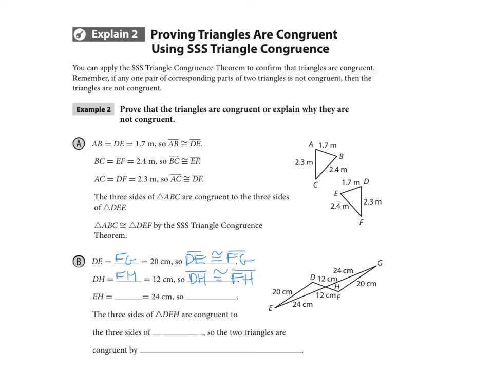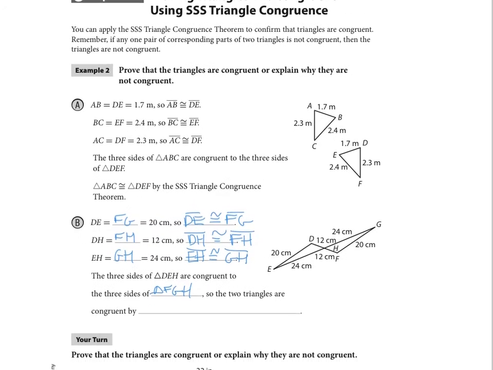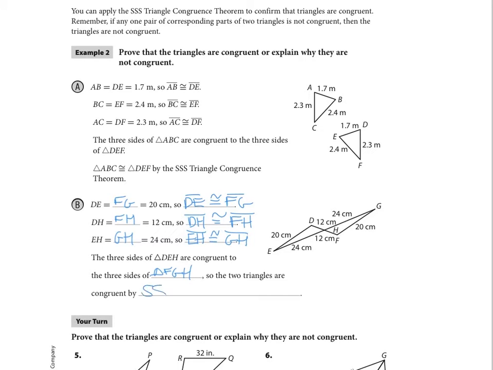And EH's length is 24 centimeters, the longest side, and that corresponds to the other 24 centimeter side, which is GH. So I can write the third side congruence statement, which is that EH and GH are congruent. And so three sides of triangle DEH are congruent to three sides of triangle FGH, which means the two triangles are congruent by the side-side-side triangle congruence theorem.